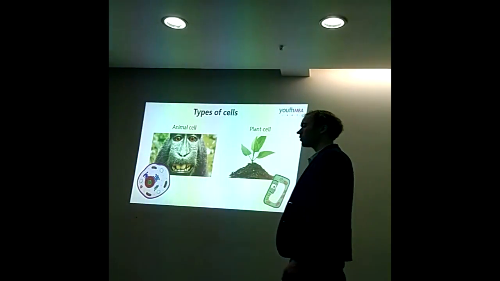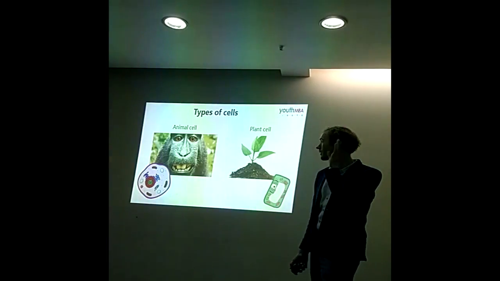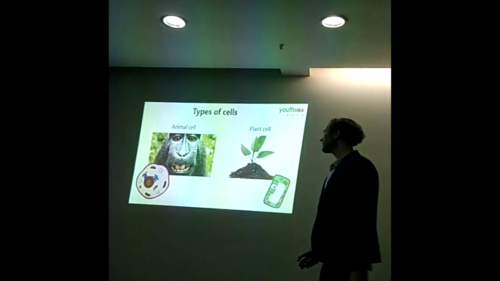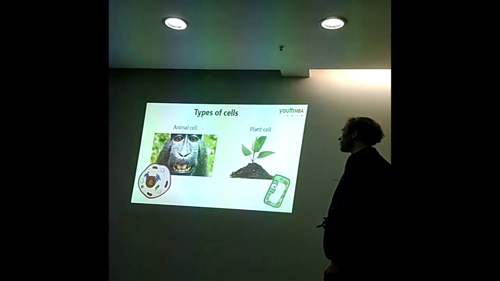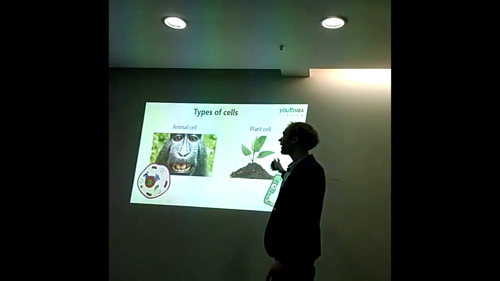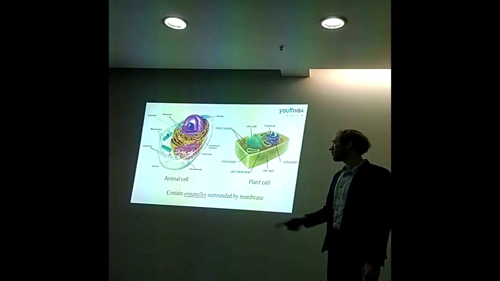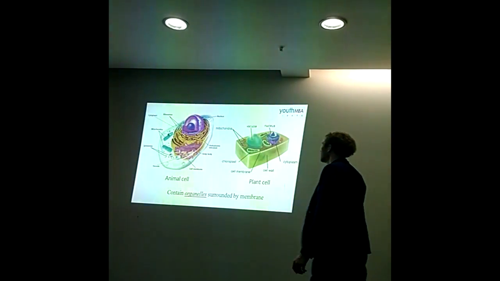And now we move to a very important part about types of cells. There are two types of cells. Type number one is an animal cell. Type number two is a plant cell. An animal cell and a plant cell are different. So here we see an animal cell on the left and the plant cell on the right.